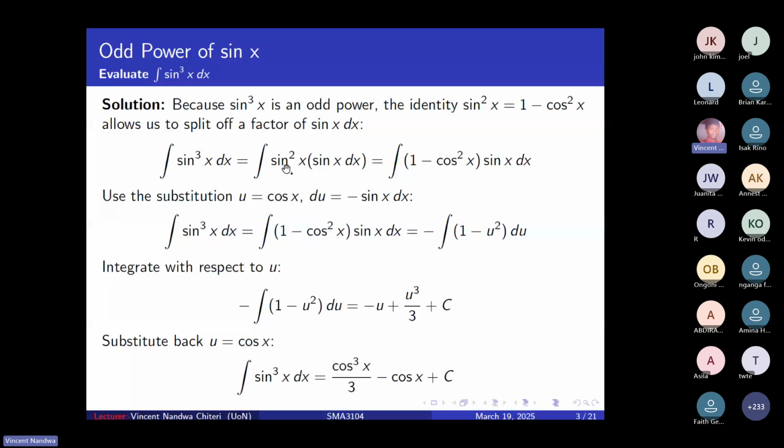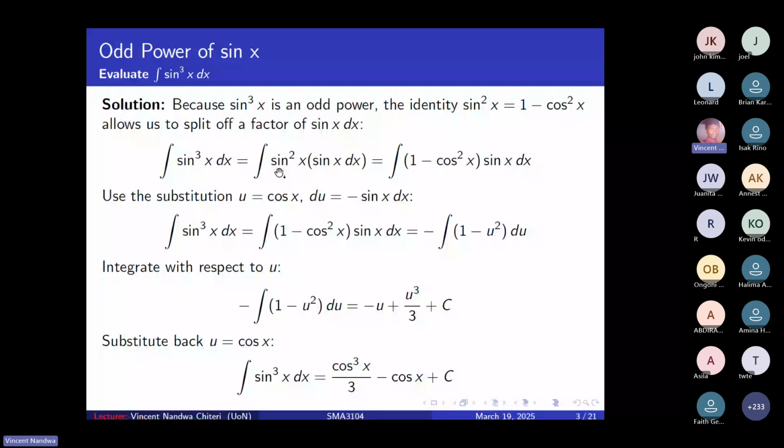When you split this odd power so that we have two products, where one is sine power 1 and the other is an even power, sine squared, then you make use of the relation sine squared x is 1 minus cos squared x. With this relation, you substitute the sine squared by 1 minus cos squared.